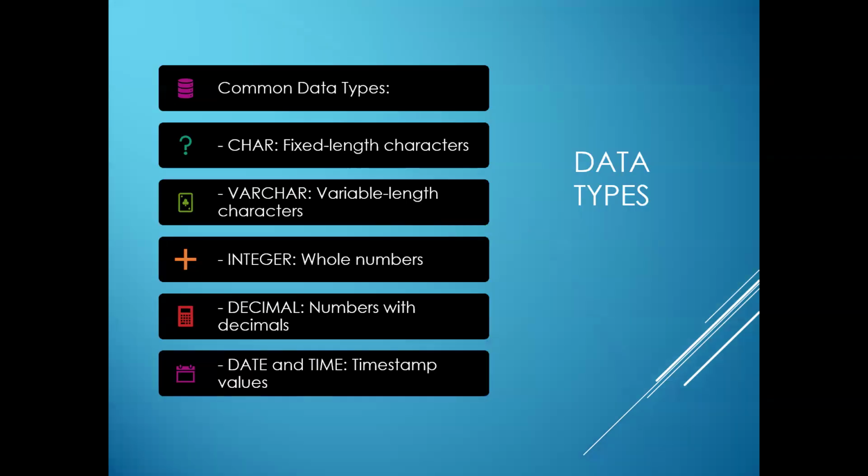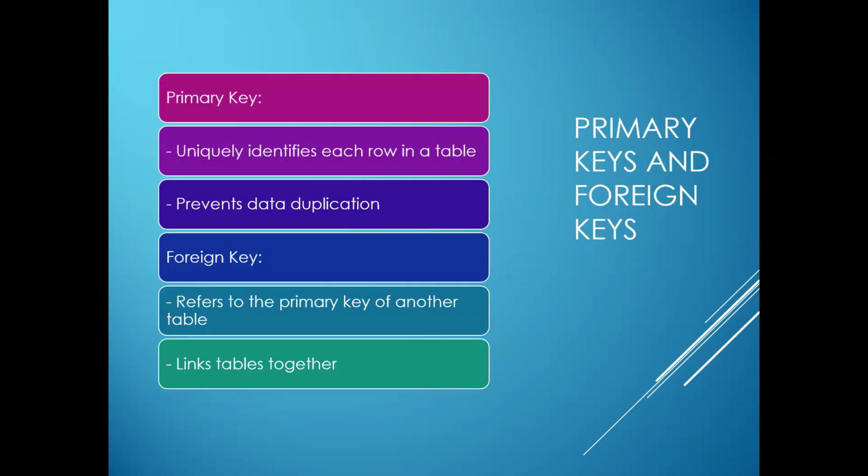So common data types we use are char, fixed length characters; varchar, variable length characters; integer, whole numbers; decimal, numbers with decimal points; date and timestamps. These are the data types you must know because you are going to use them when you are designing data models for the first time.